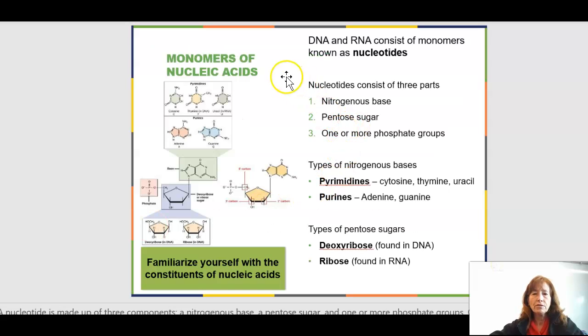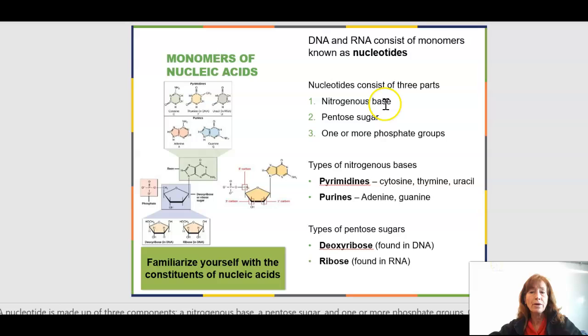When we look at an individual unit, though, because we're talking about the macromolecules and we're talking about things that in most cases are built from monomers or individual units, the individual units for DNA and RNA are called nucleotides. And remember that a nucleotide has these three parts.